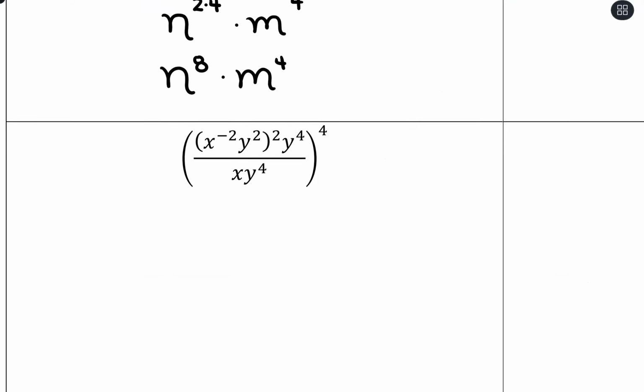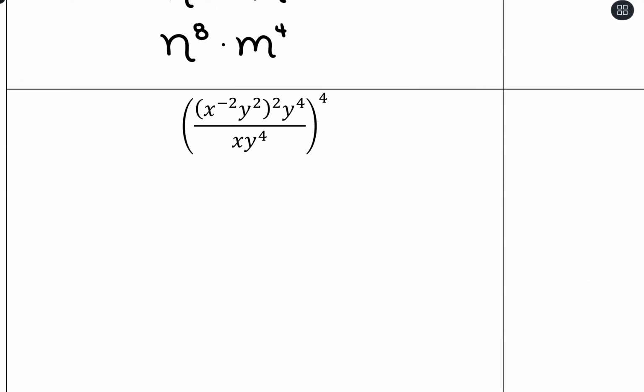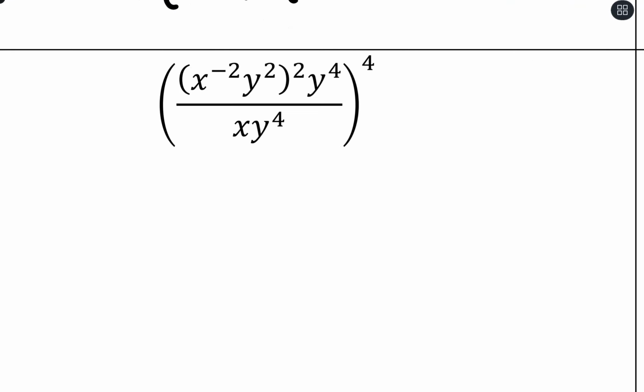All right. They're getting messier, but it's good to go through these examples together. Okay. Let's go ahead and bring this exponent of 2 into those parentheses. So we still have these big parentheses. We're going to have x to the negative 2 to the power of 2.